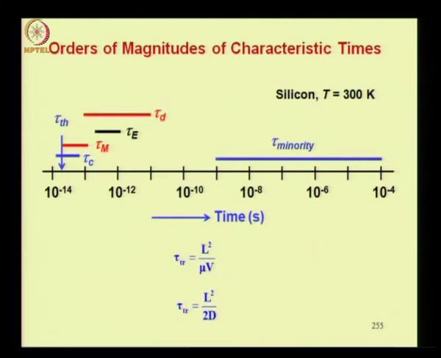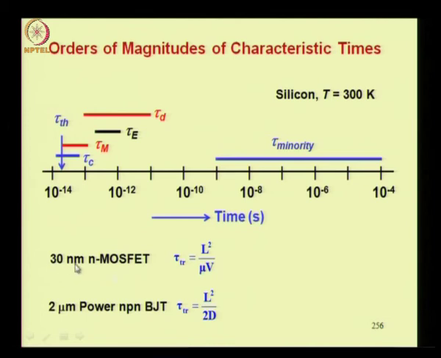Let us come to the final characteristic time, namely the transit time. So the shortest transit time will be for drift, which is given by L square by mu V, and the longest transit time will be for the diffusion, which is L square by 2D. Now let us take practical cases.